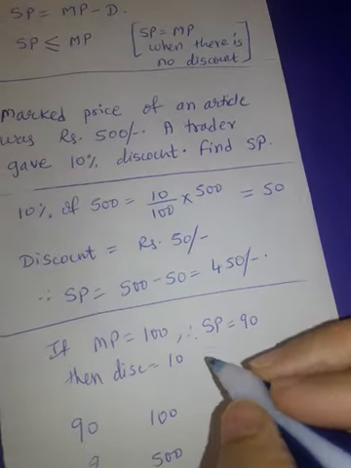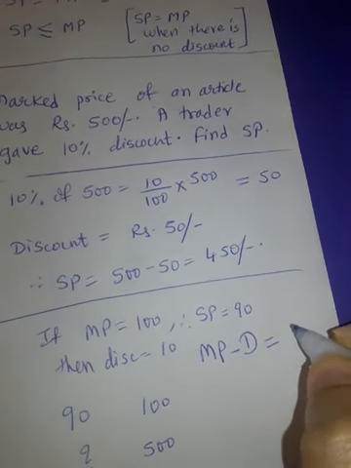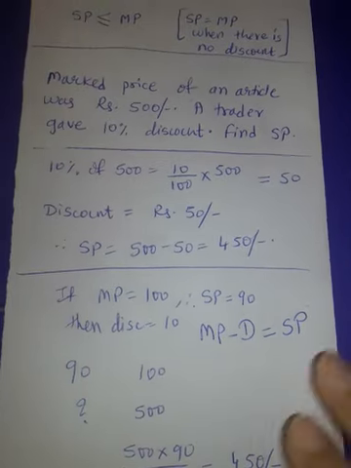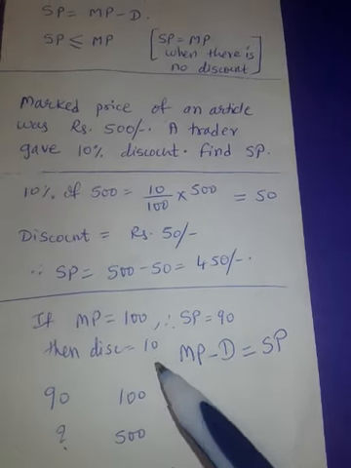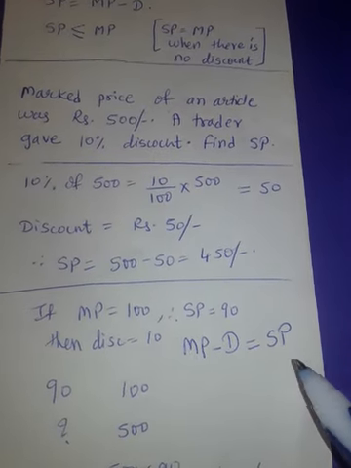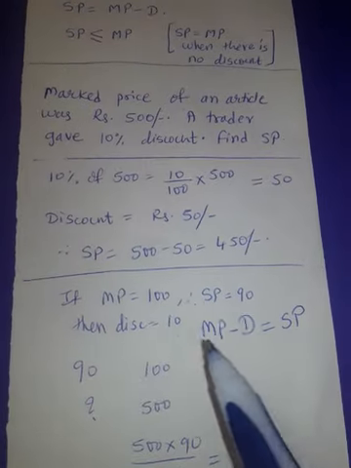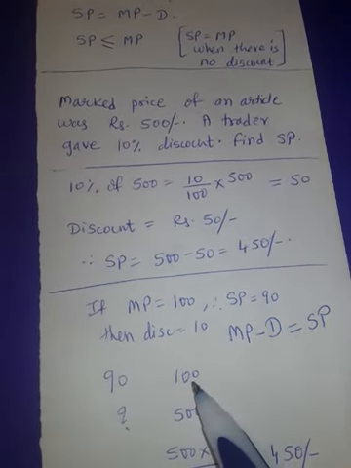Always remember this formula also: mark price minus discount is equal to selling price. So if mark price is 100 and discount is 10%, so per 100, discount is 10, so SP is 90. So what we can do? When SP is 90, mark price is 100.